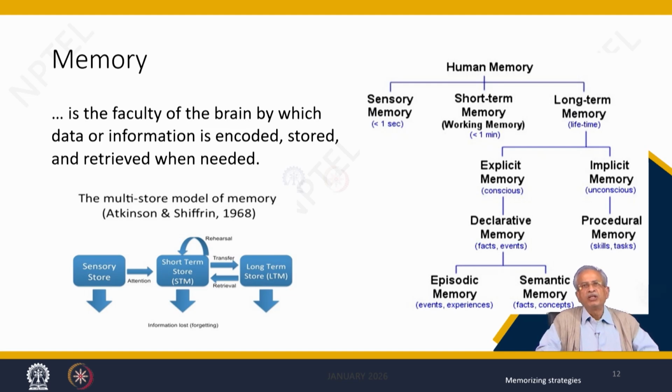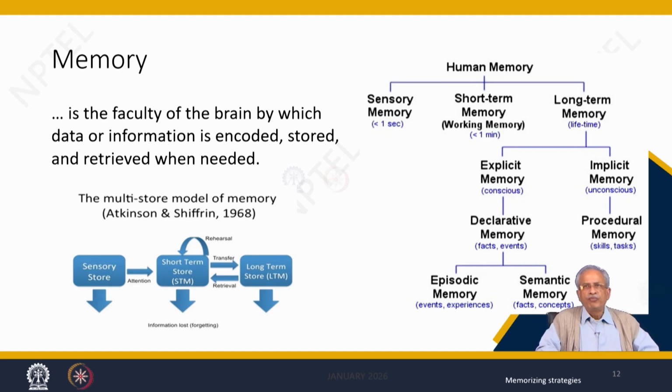The explicit memory is a conscious memory and the implicit memory is the unconscious memory. When it is an explicit memory, it is also called declarative memory, that is it can be an episodic memory, you remember certain episodes, incidents, experiences, events, or it can be a semantic memory, certain concepts like a mathematical concept, a fact, a poem, these are called declarative memory.